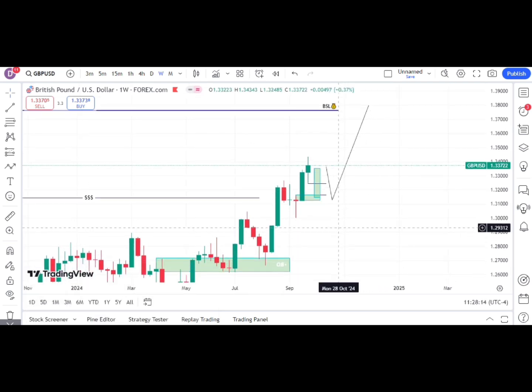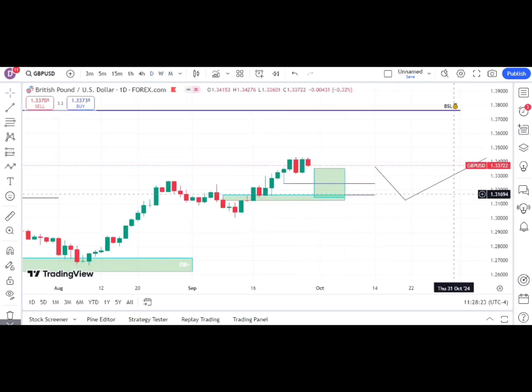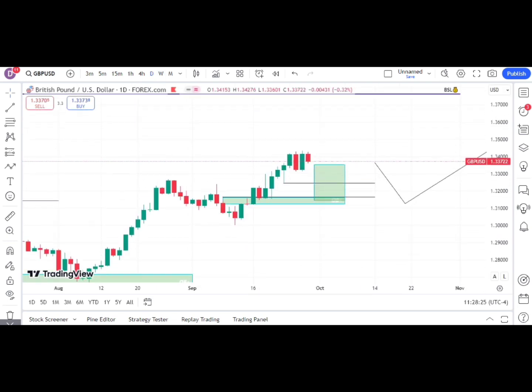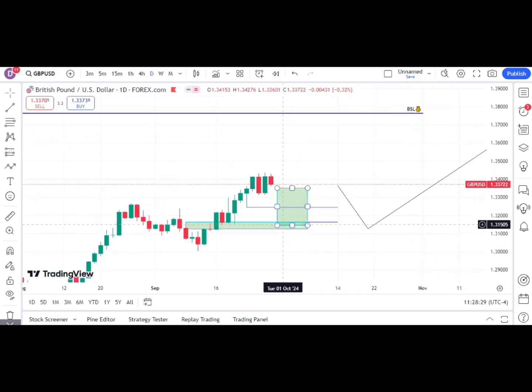So going into the week, what would I want to do basically with this logic? The logic is I want to see us drop down, mitigate the weekly order block, fill the weekly fair value gap, and then we drive higher.